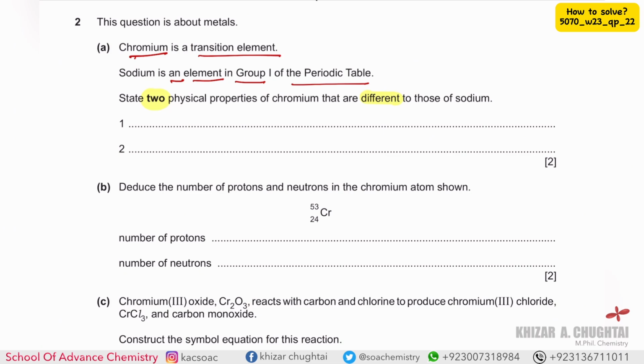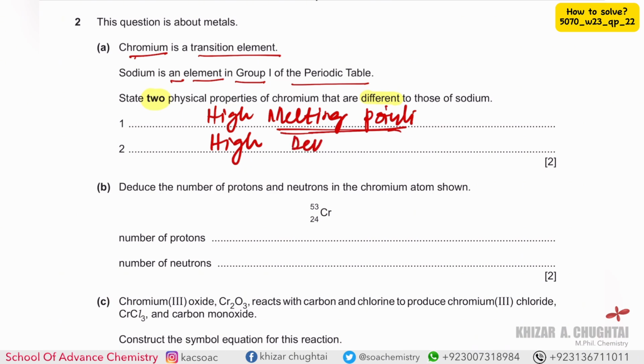So number 1, high melting points and boiling points. It is the same thing: melting point or boiling point, both are counted as one property. Now the next property is that they have high density, right? High density.